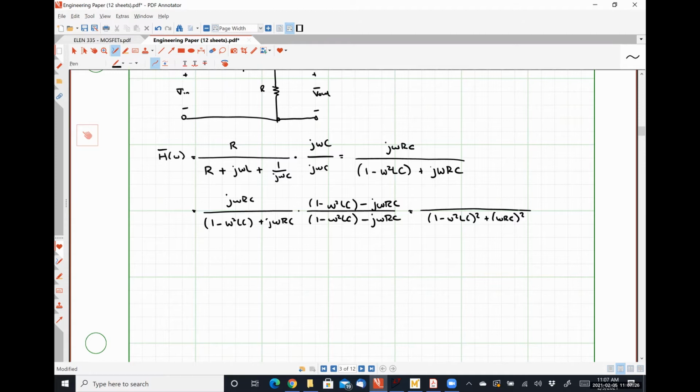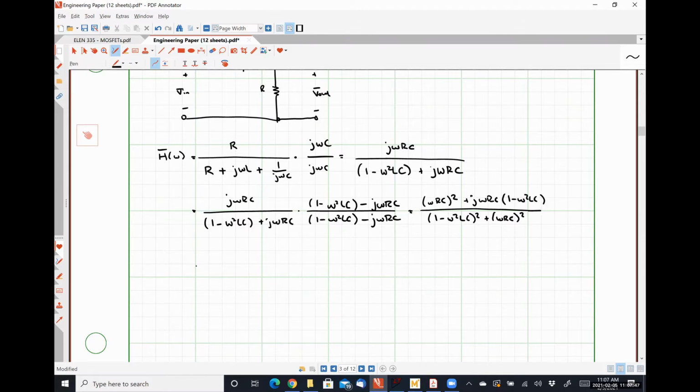And I'm going to have a real part of omega RC squared plus j RC times 1 minus omega squared LC.